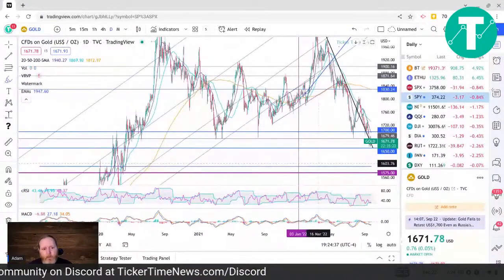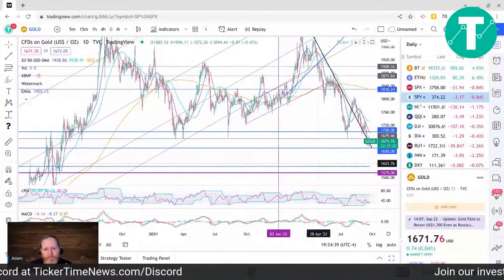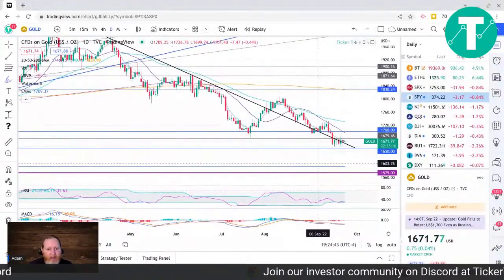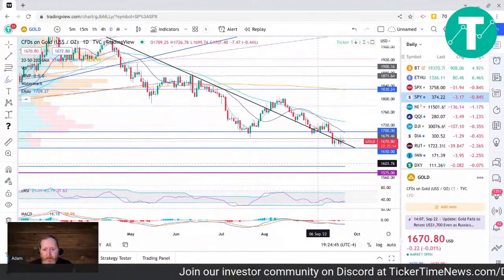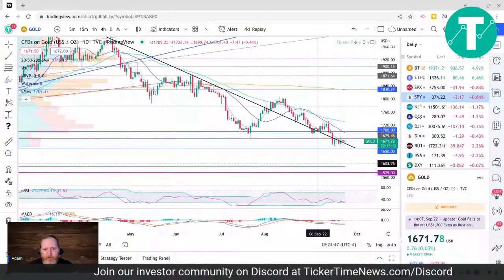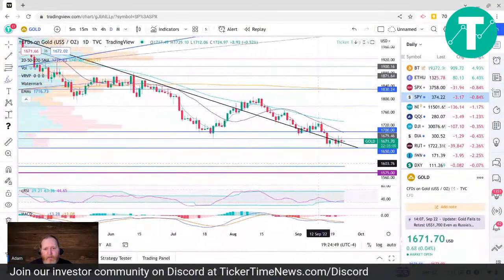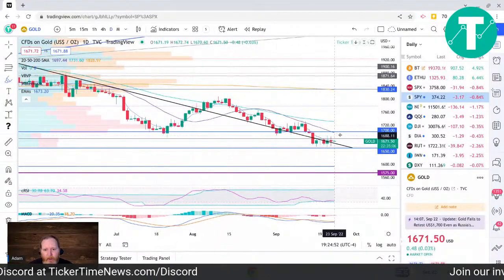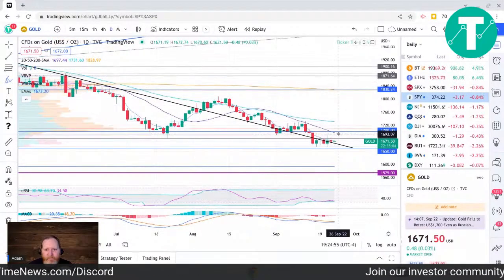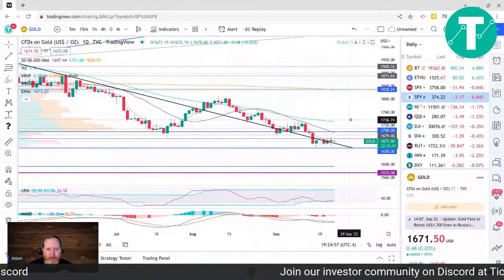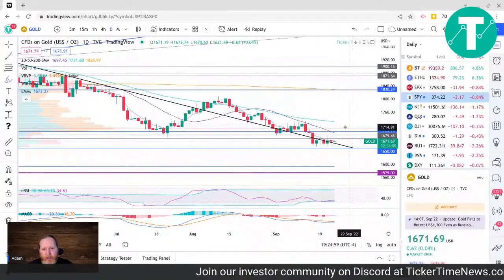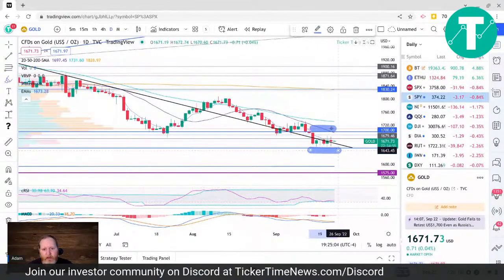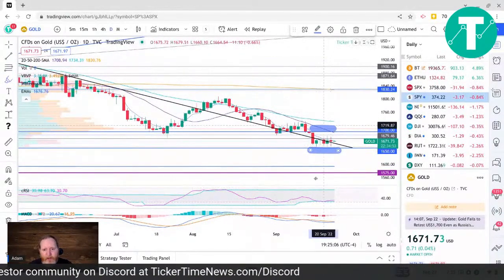Now, on the upside, if the dollar does weaken and allows gold to have some rebounds, because gold has had a few rebounds in 2022, mainly the summer rally kind of kicked that off, well, right now there is resistance right about $1,700 an ounce. So between these two blue lines right here, this is where gold is getting boxed in right now.